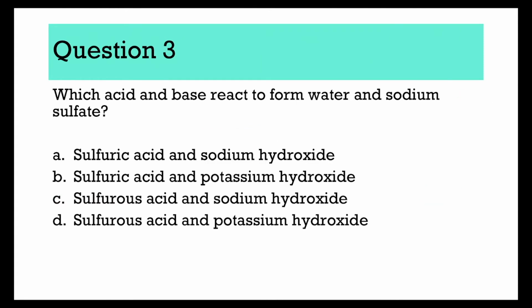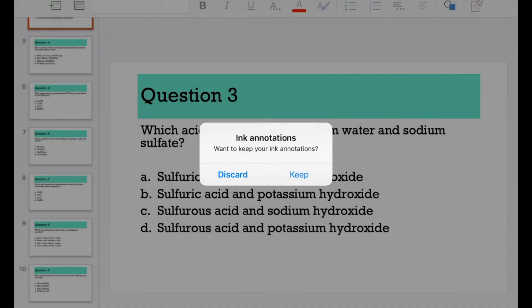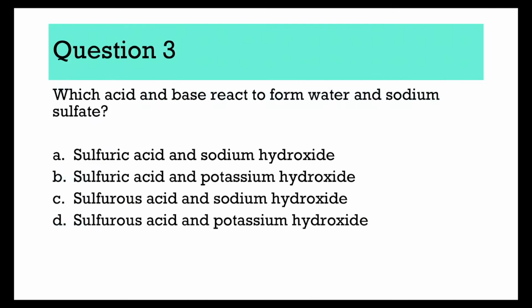Number 3, which acid and base react to form water and sodium sulfate? This question does have a lot of work that needs to be put into it, so let's walk through it slowly. We need something plus something to make sodium sulfate, so you have to figure out what that compound is.